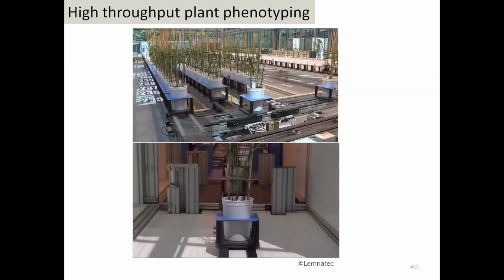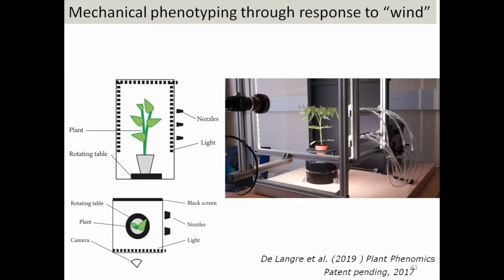So we designed a different system, which is here. We said, maybe we should excite the system by wind. So we have a plant, we have perfect air. Air does make the plant move with a simple law that you can imagine.